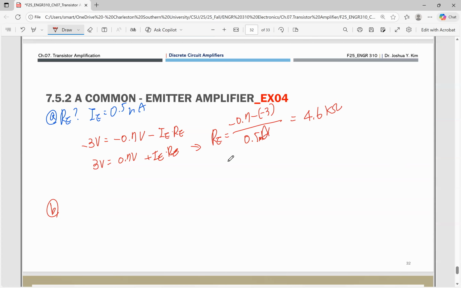And now we're looking for R sub C, but the given is V sub C plus 0.5. How can we find the R sub C? The same thing. 3 voltage minus the 0.5, because V sub C is 0.5. So 3 minus V sub C, divided by the current 0.5 milliamp, is R sub C. That was 5 kilo ohm.